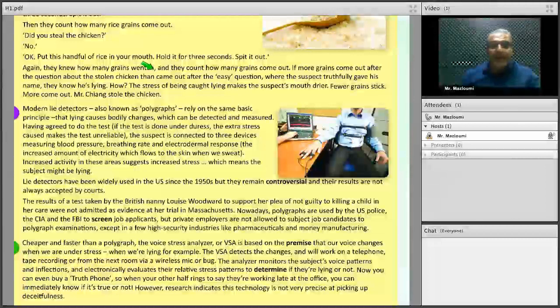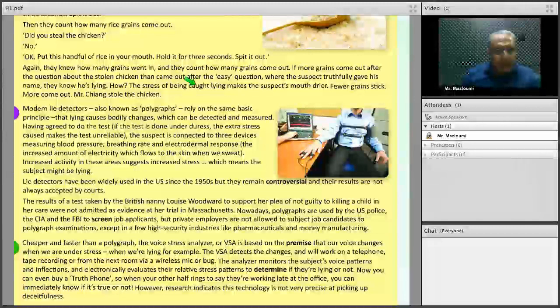Then they asked a difficult question, again with the grains of rice in the suspect's mouth. So, how did they know when the suspect is lying? So, the answer is here.